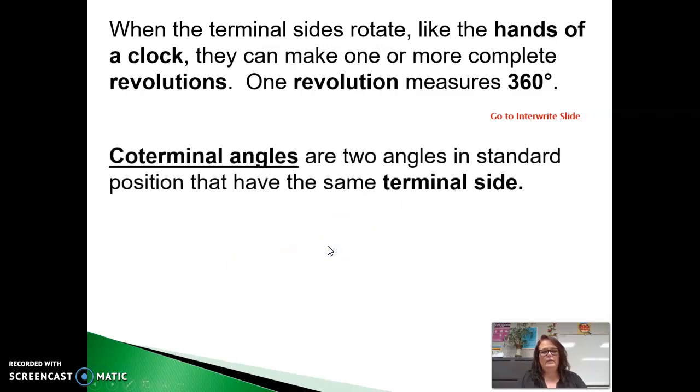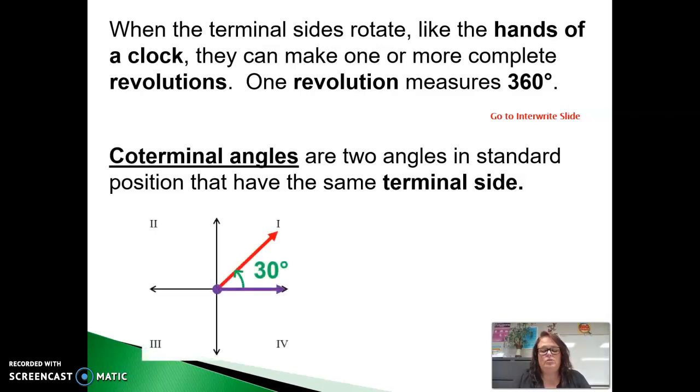All right, and then the next vocabulary term is coterminal. The prefix co means with, so it's like with the same terminal sides. So it's two angles in standard position that have the same terminal side. If we take a look at this angle, you can see that if I just start from the initial and go straight to that terminal, I have 30 degrees.